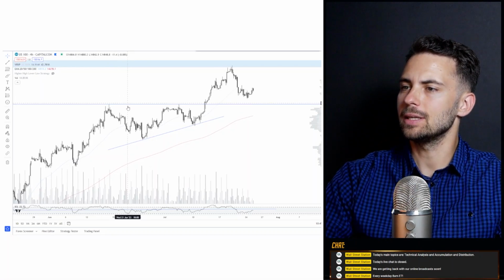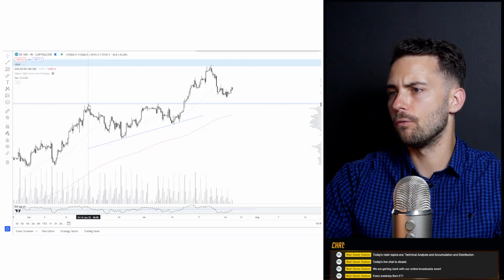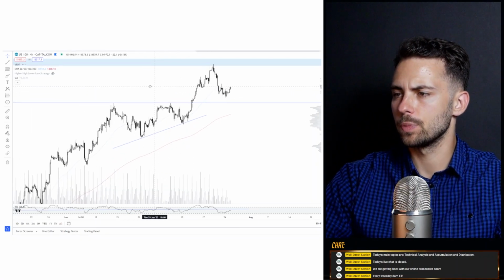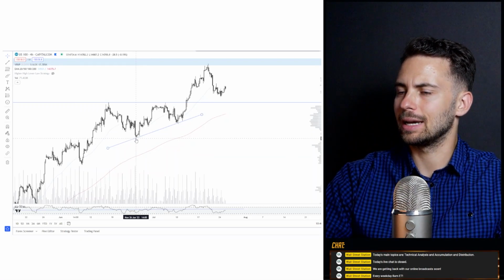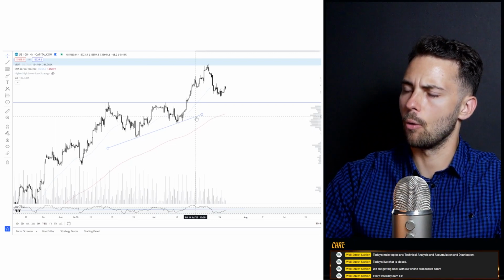That's normally a line drawn from one peak or trough to the second. Right here you can also find a trend line, but I'm not going through this right now.